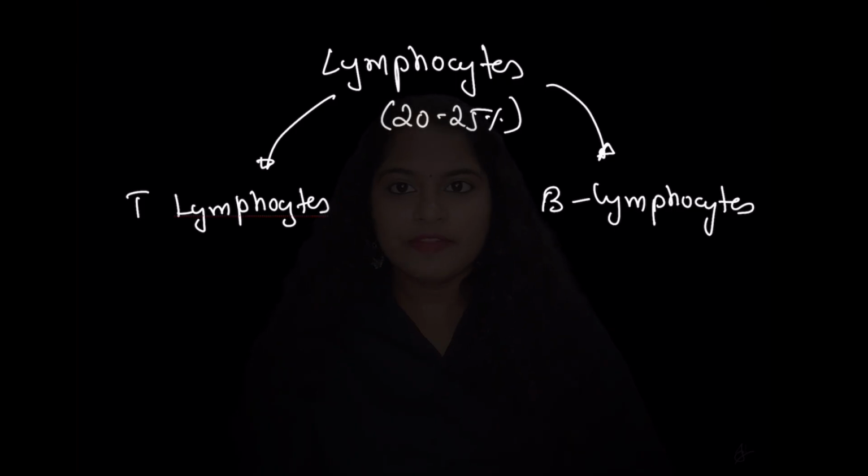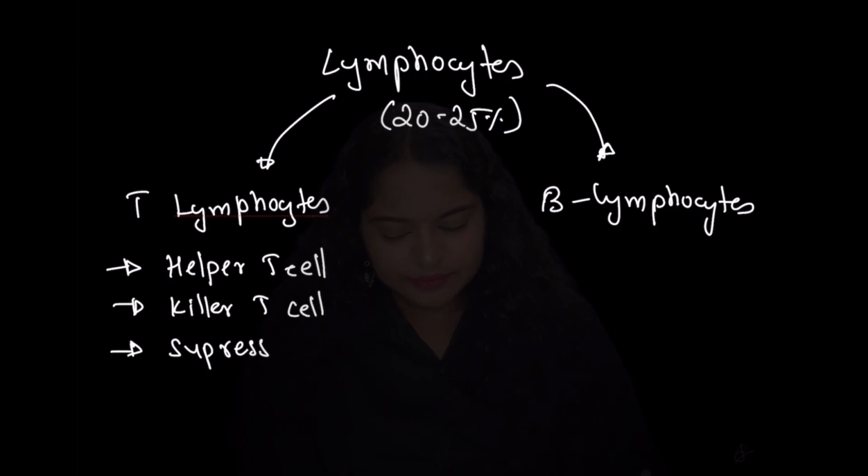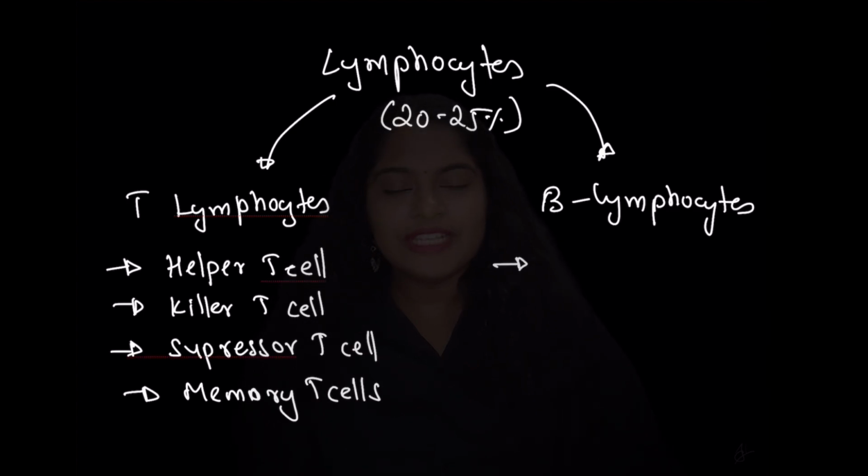T lymphocytes and B lymphocytes also have different types. The T lymphocytes are helper T cells, killer T cells, suppressor T cells, and memory T cells. Coming to the B lymphocytes, two types of B lymphocytes are there. They are plasma B cells and memory B cells.